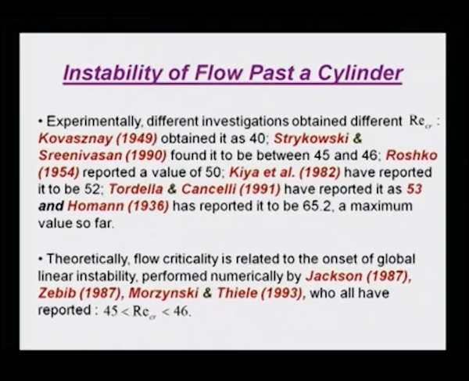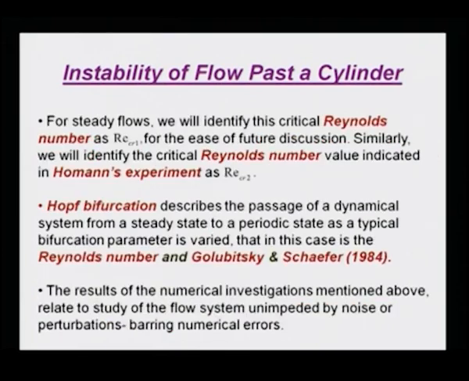a maximum value. So if I want to talk about it theoretically, flow criticality is related to the onset of global linear instability. That is what those three people claimed, and they said that this happens like this. And we need to reconcile these two viewpoints, and we'll do it shortly.